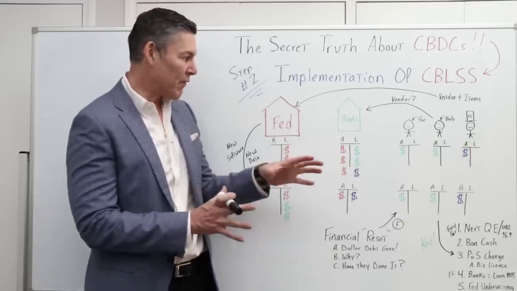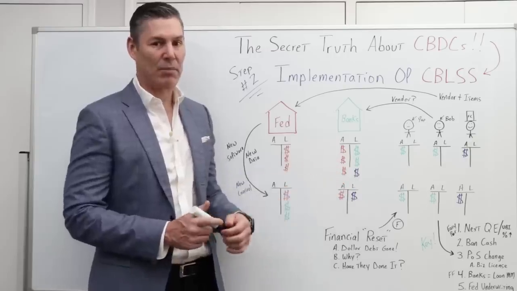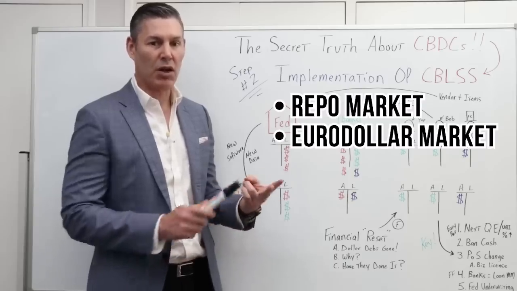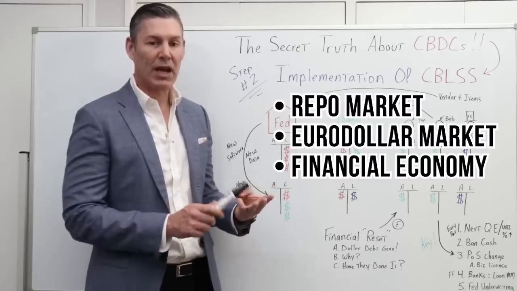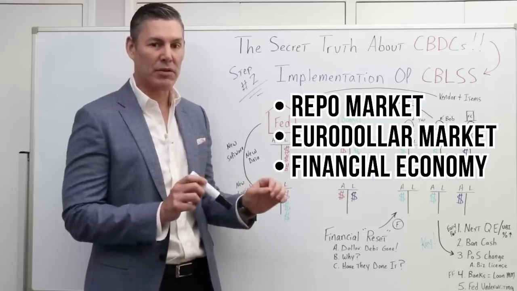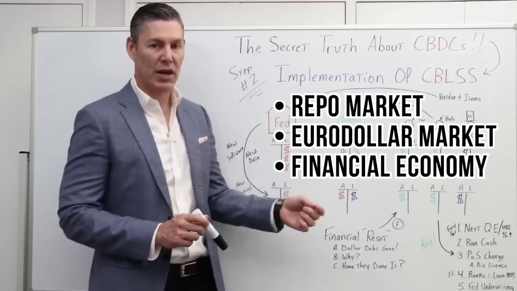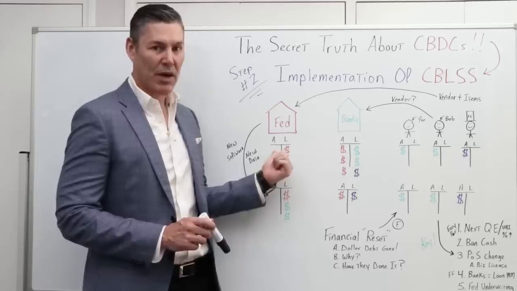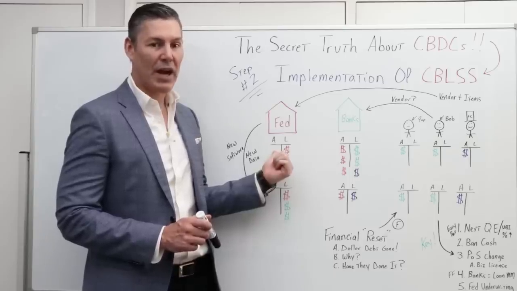Because I don't think the Fed wants to completely disrupt the current system. What about the repo market? What about the eurodollar market? What about the financial economy that we talk about on this channel all the time? The Fed knows darn well that if they disrupt that, then the whole entire house of cards comes crashing down.